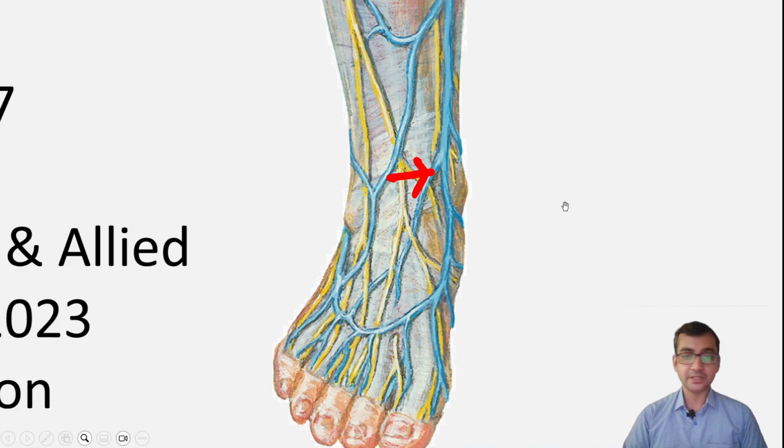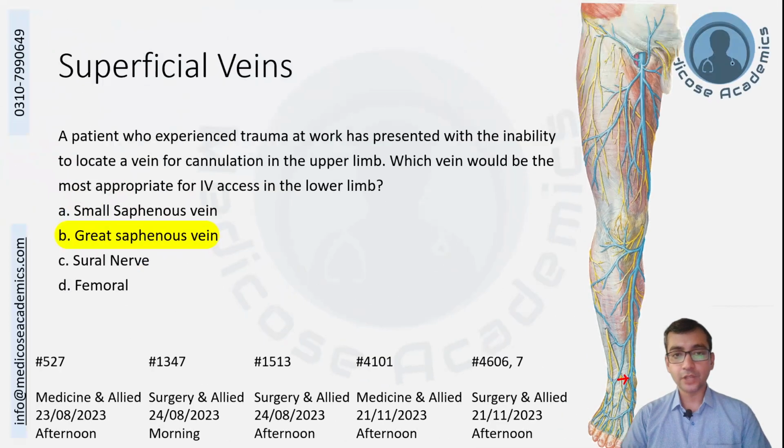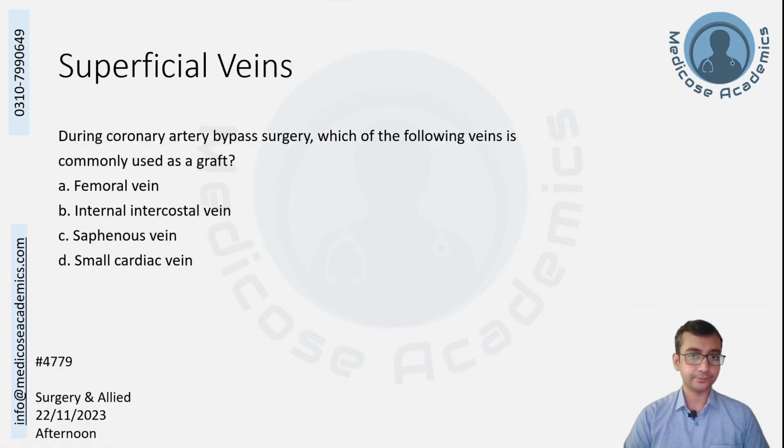For a hypovolemic person where you cannot find the veins, you just blindly prick in front of the medial malleolus, and more often than not you find the great saphenous vein, and if you're not able to do that, you do a venous cut down to get access. So the great saphenous vein is very commonly accessed in the case of difficult cannulation.